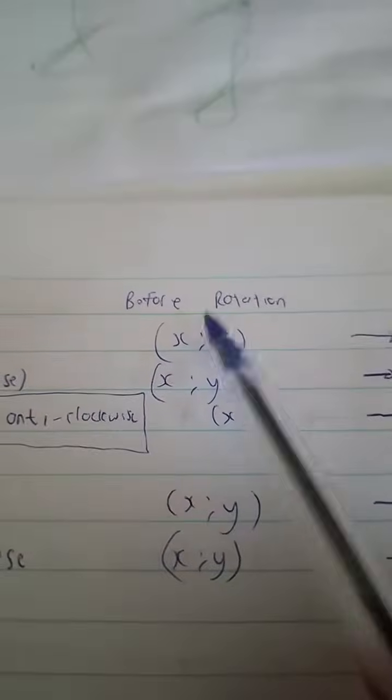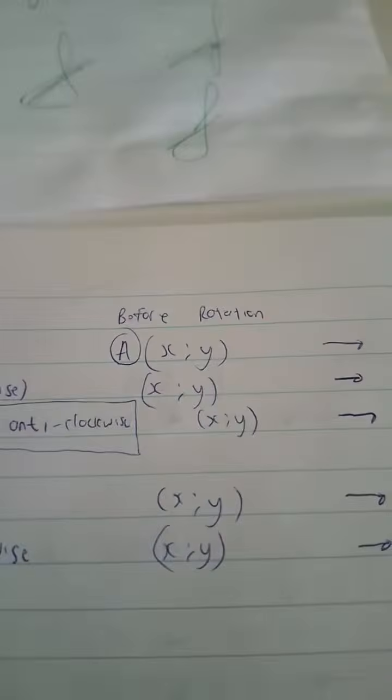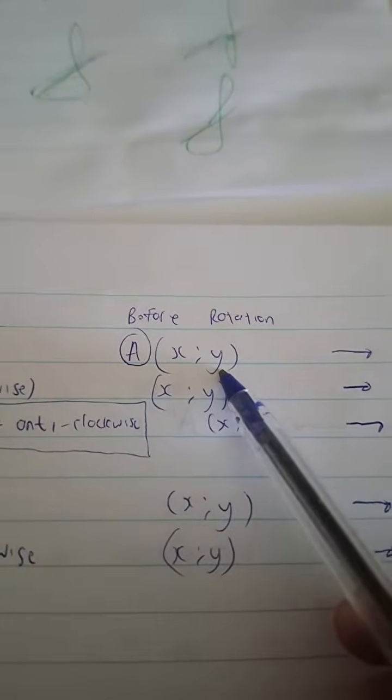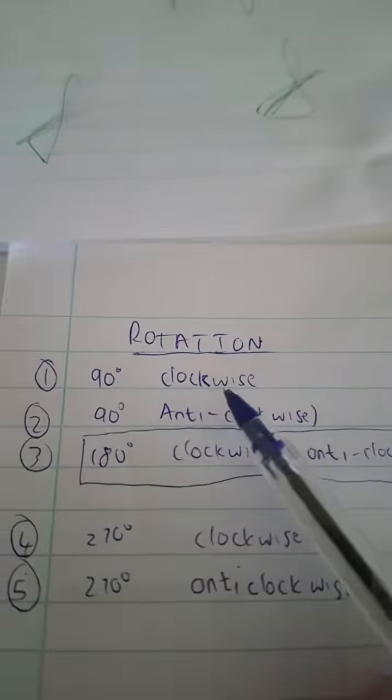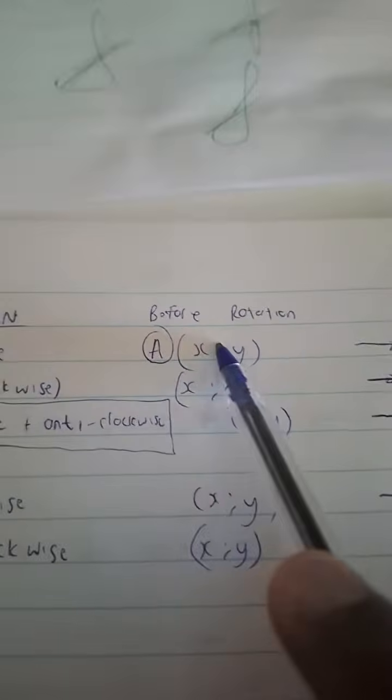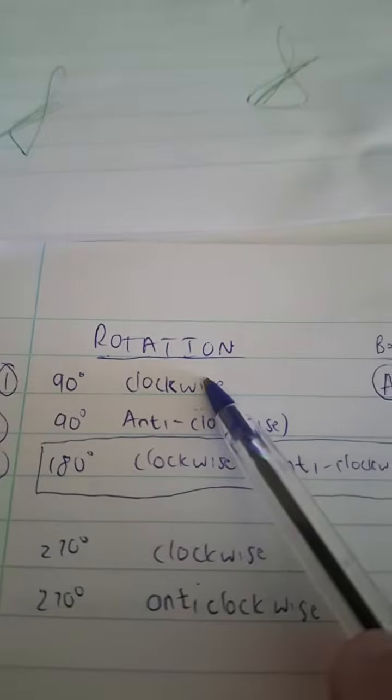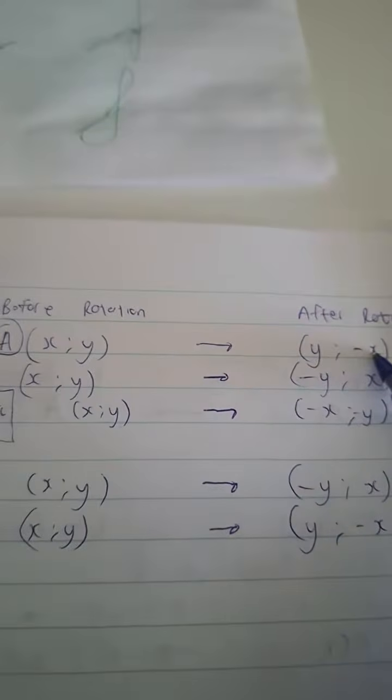So let's come here. Before your rotation, you have a point which is X and Y. If you say you've rotated this point 90 degrees clockwise, guys, this is the following result. X and Y, they swap.